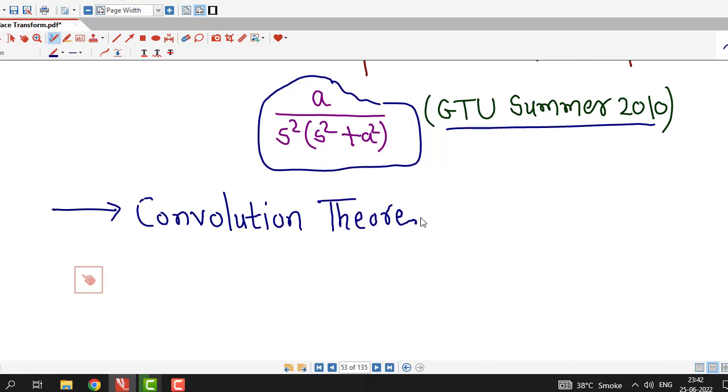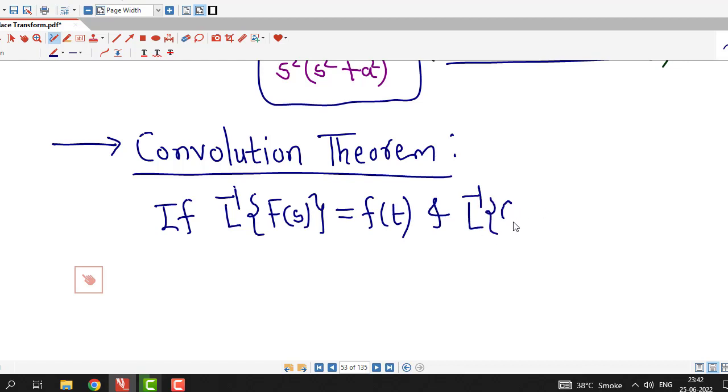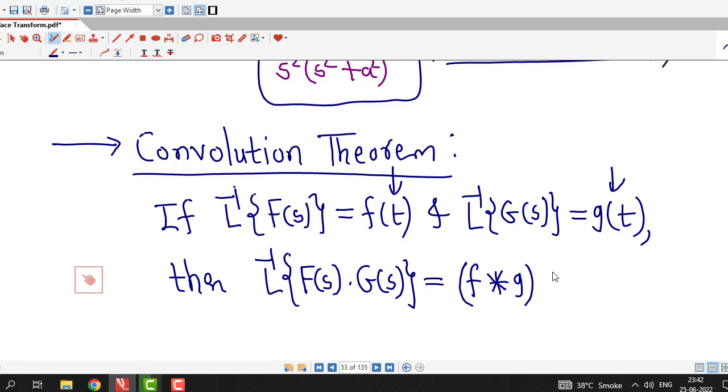Convolution theorem says that if inverse Laplace transform of capital F of s is equal to small f of t, and inverse Laplace transform of capital G of s equals small g of t, then inverse Laplace transform of the product of capital F and capital G is given by the convolution of small f and small g, that is f star g of t.